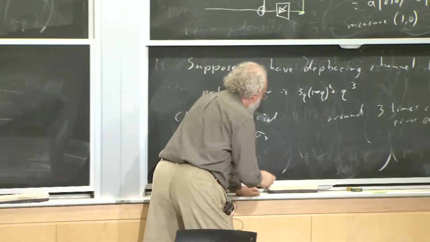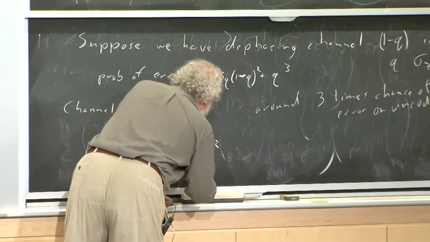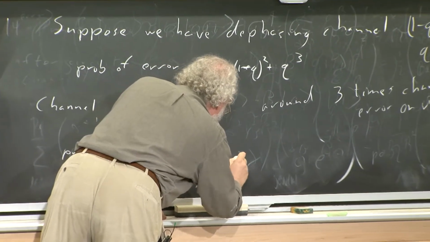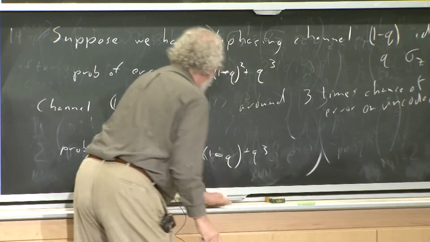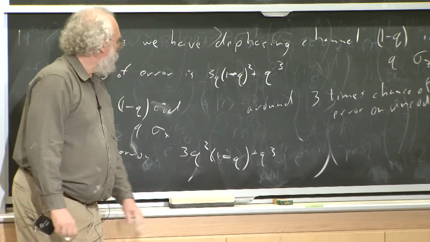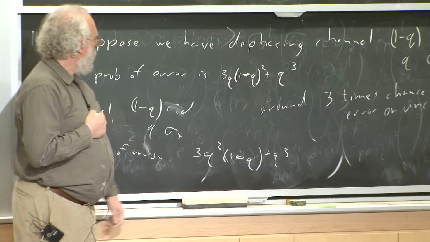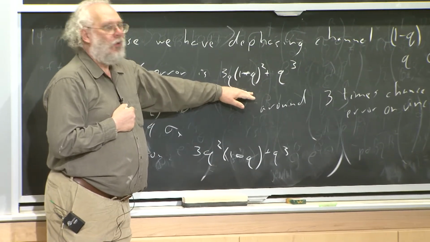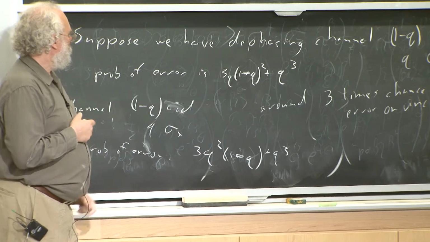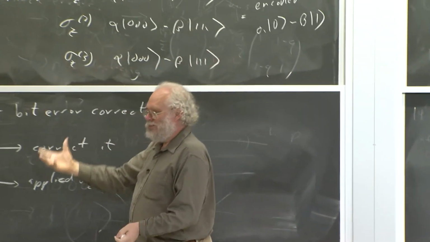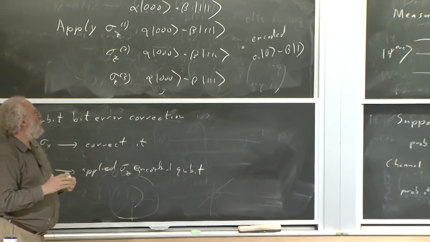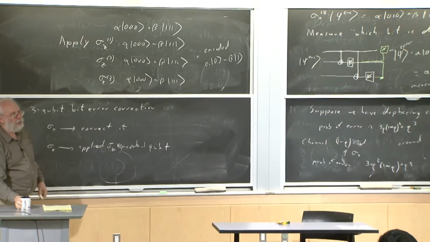So the probability of error is 3q squared (1 minus q) plus q cubed. So this is quadratically small if q is small, and this is 3 times 3q if q is small. So we've corrected the bit errors, and we've made the phase errors even worse.